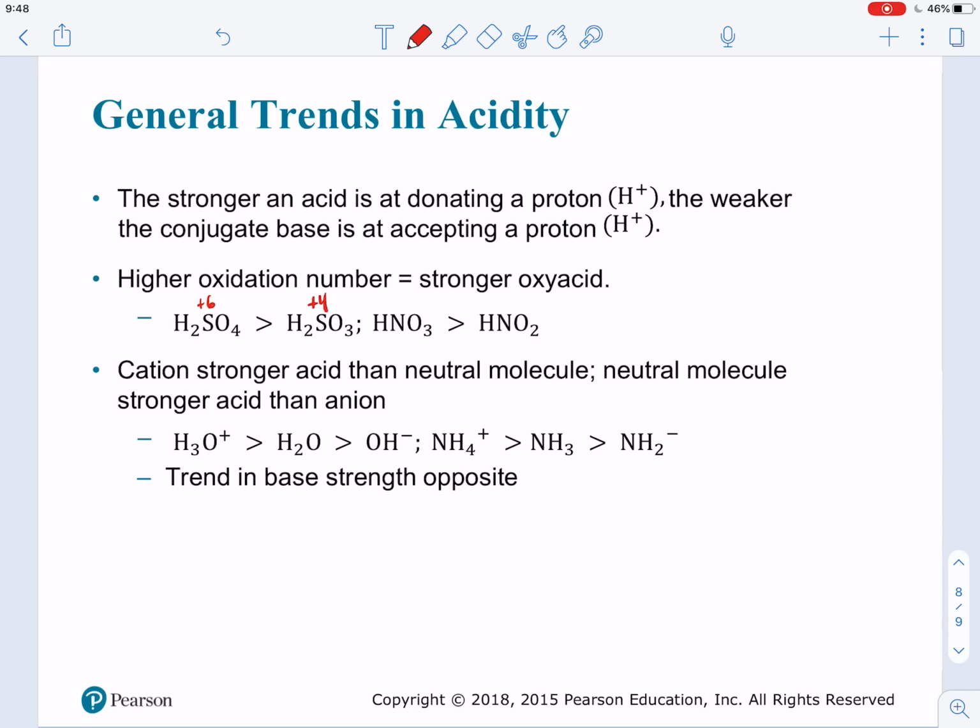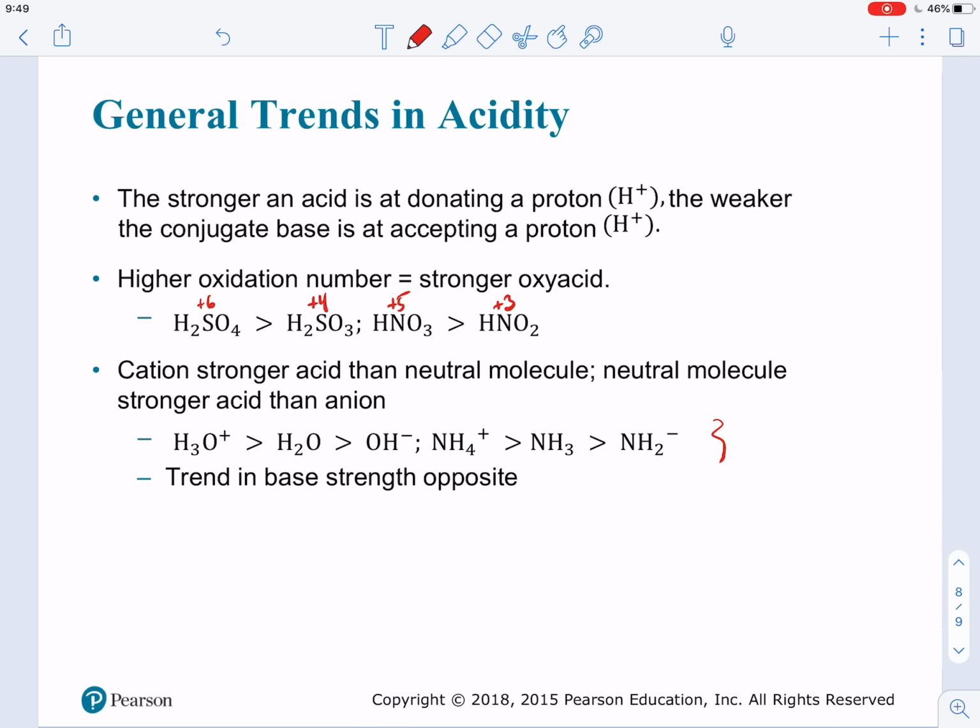Higher oxidation number, stronger acid, so sulfuric acid is stronger than sulfurous acid. In the next case, we have nitric acid versus nitrous acid. Here nitrogen is +5, and in nitrous acid, nitrogen is +3. Those are easy to picture, but this one is a little more interesting.